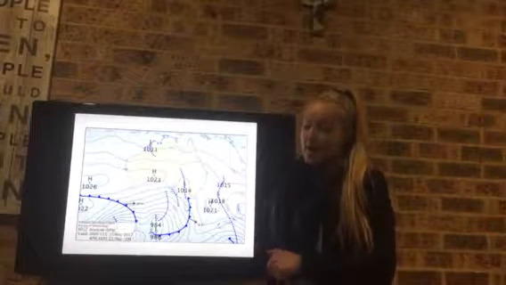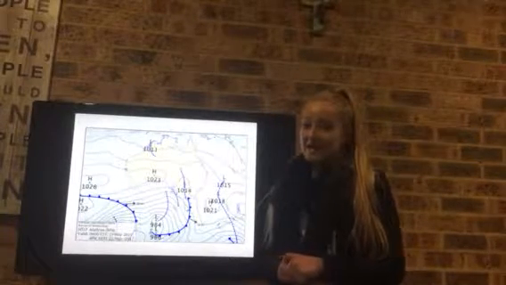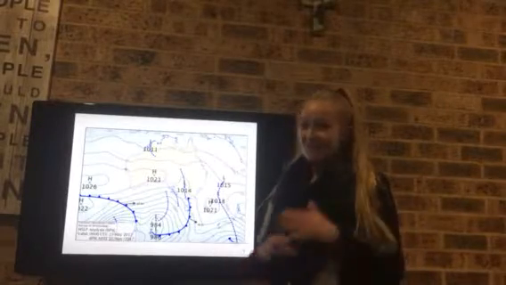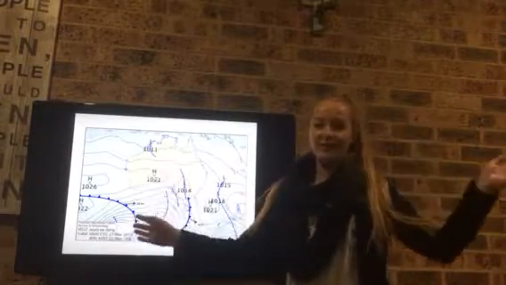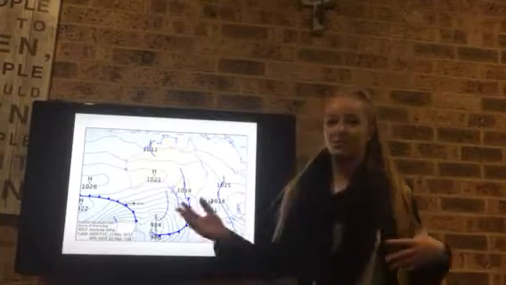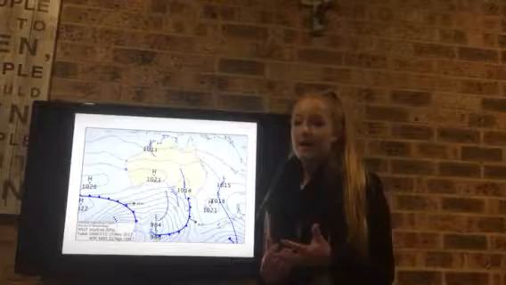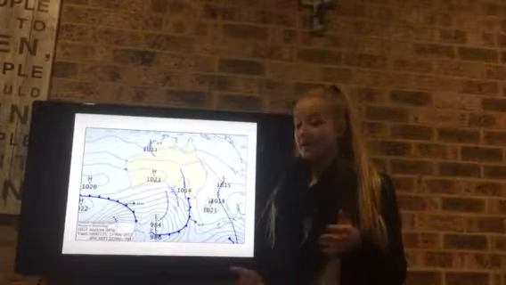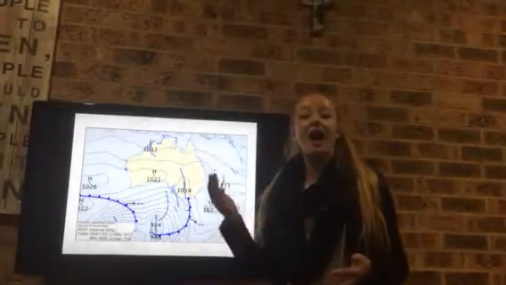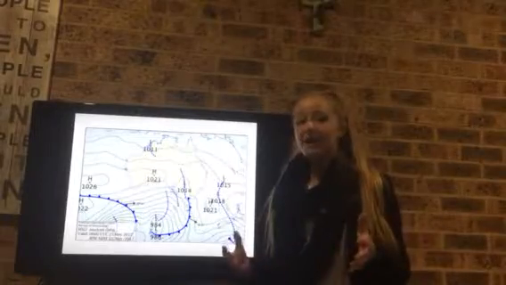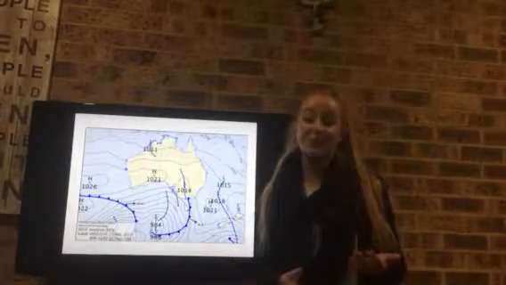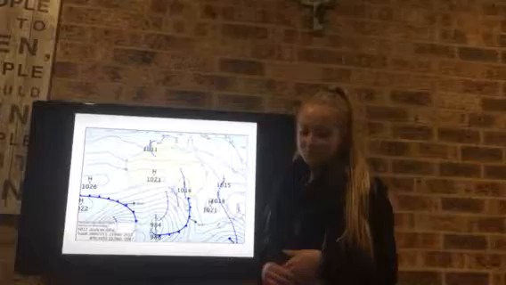Now, it's important to realize that in the atmosphere, there's always air. It's all around us. We breathe it in, we move around it, and sometimes the air can have different consistencies. It can be warmer, it can be colder, it can have a higher or lower pressure, or it can even be full of moisture, which is what we talked about today when we looked at rain.